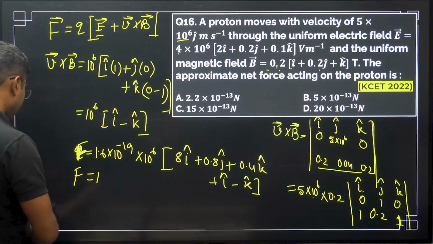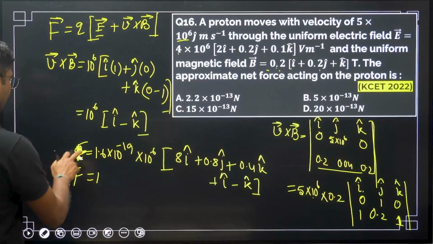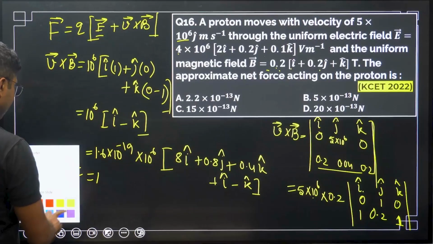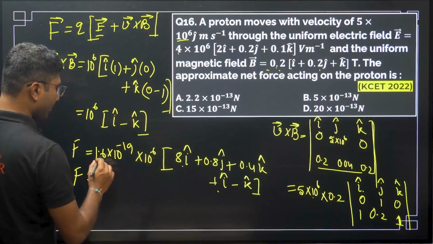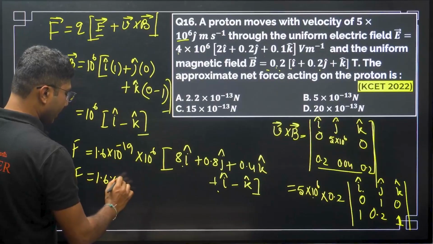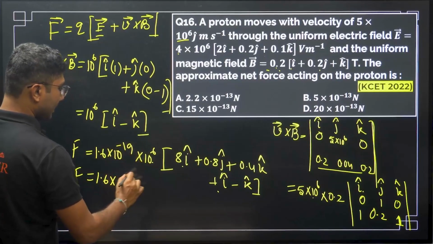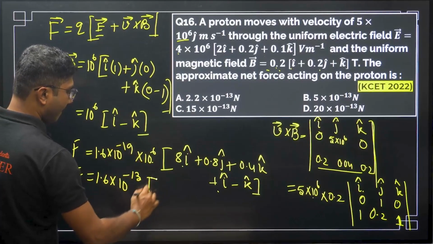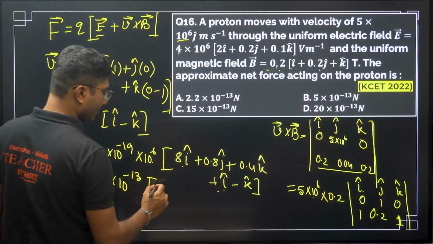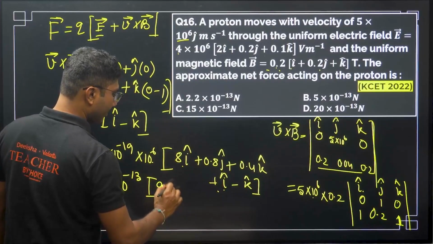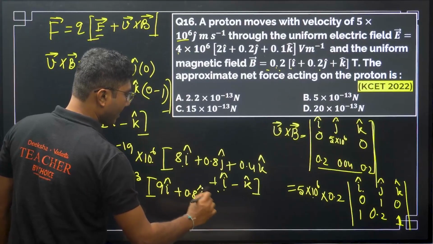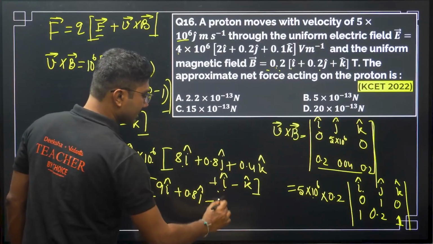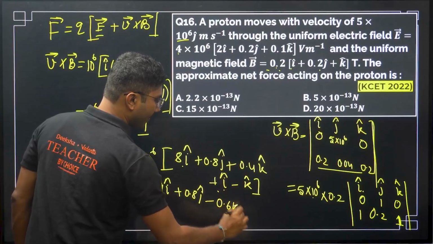So the force will be given by, just add, in this type of vector addition, I and I will be added, right? So 1.6 into 10 to the power of minus 13. Okay, 1 plus 8, 9 I cap. There is no J cap, so 0.8 J cap, and minus 0.6 K cap.